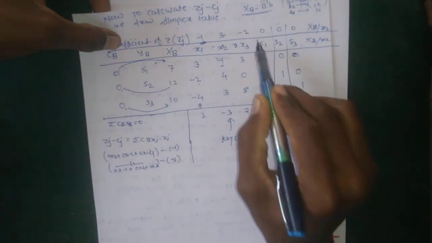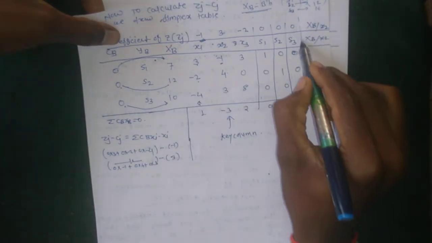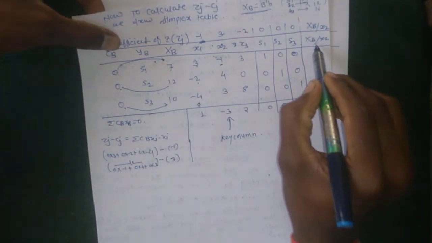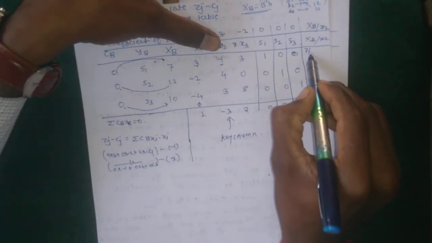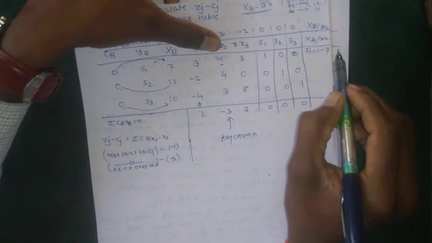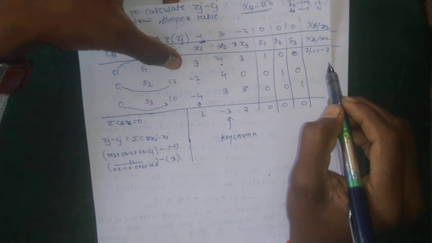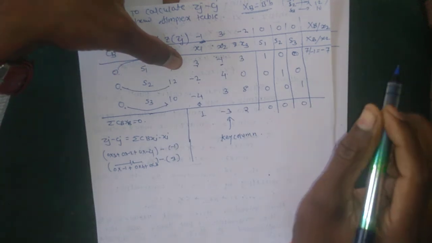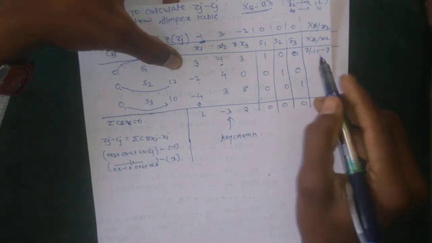Take xb divided by x2 in this way column. Here 7 divided by minus 1, we get a ratio of minus 7. This is neglected, choosing only positive and smallest element.